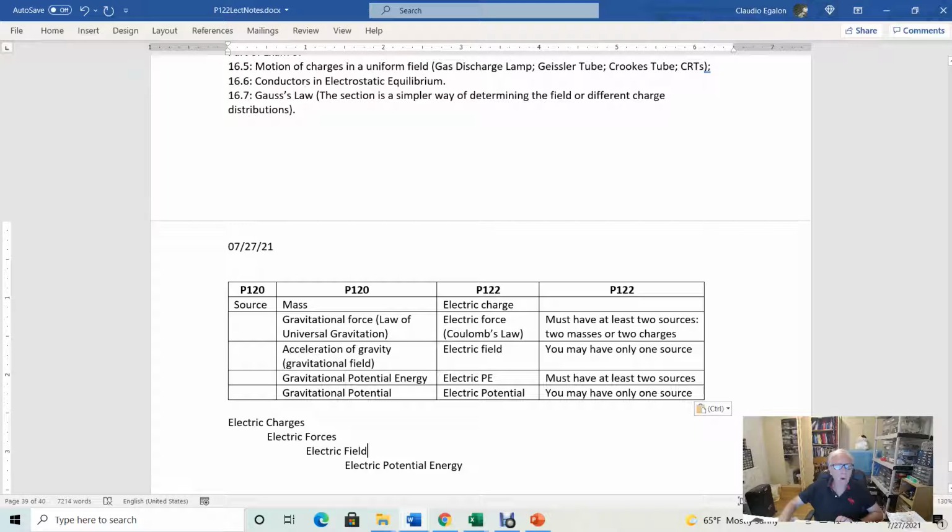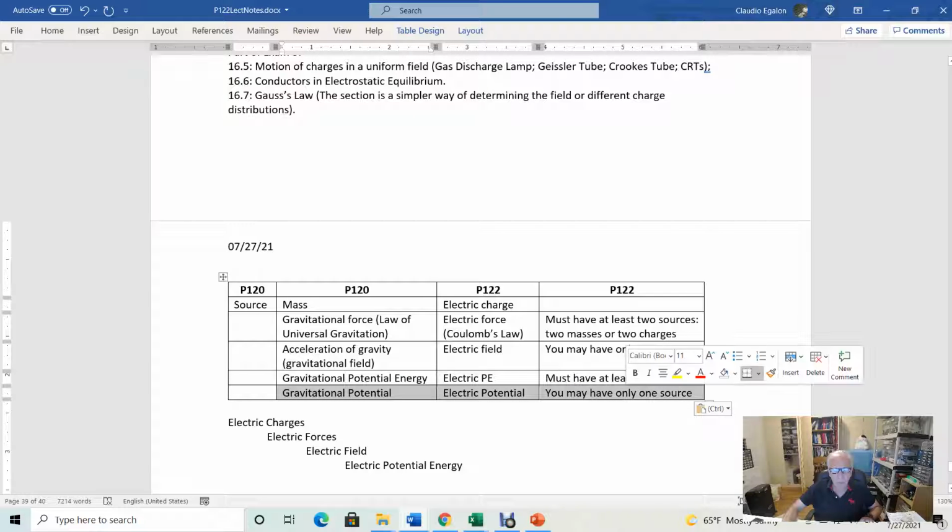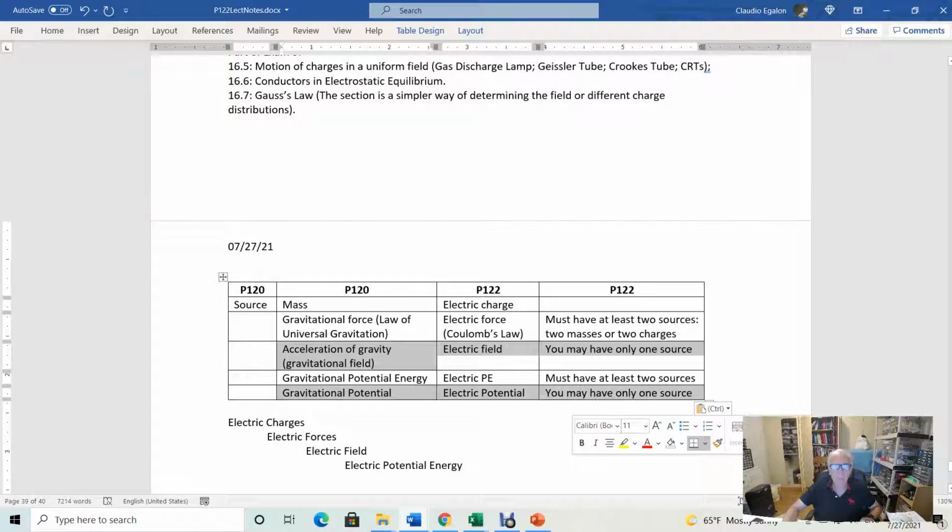But there is a very important parallel between the electric field and the electric potential. Okay? It may be produced by only one single source. The field and the potential may be produced by a single source.